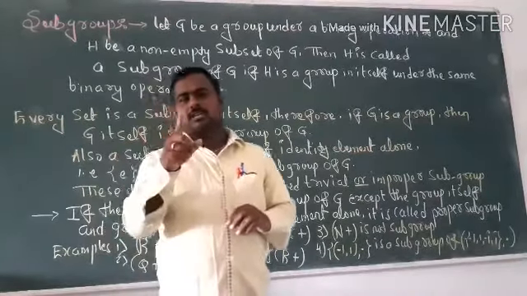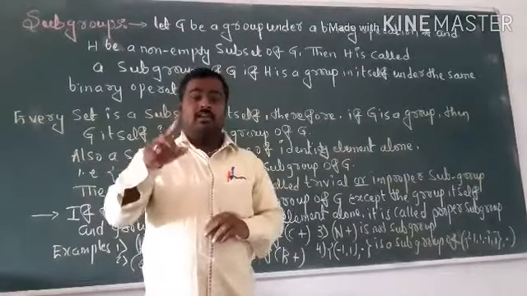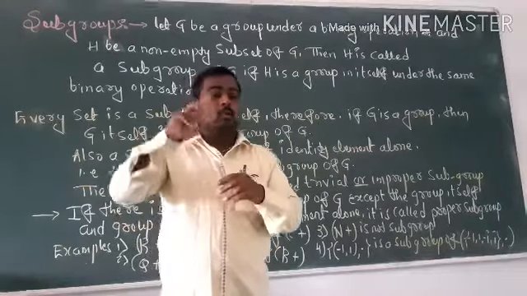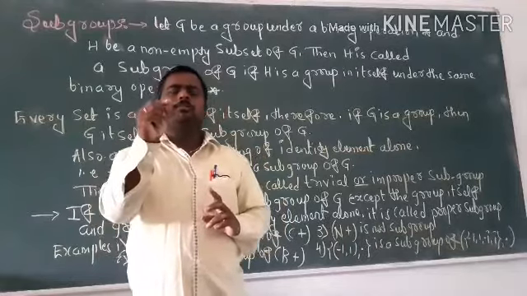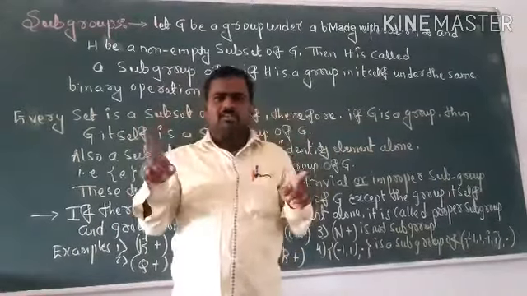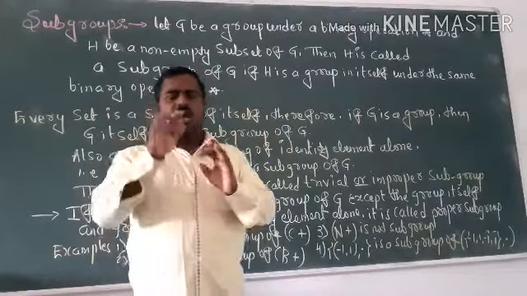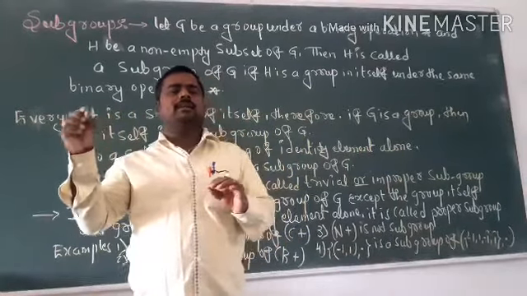What do you mean by a set? A well-defined collection of objects. What do you mean by a subset? A subset means every element of A is also an element of B. So we consider one biggest set B. I can take 1, 2, 3, 4, 5, 6, 7, 8, 9, 10.